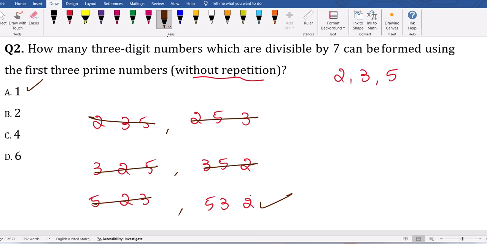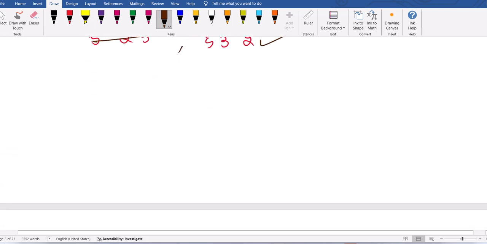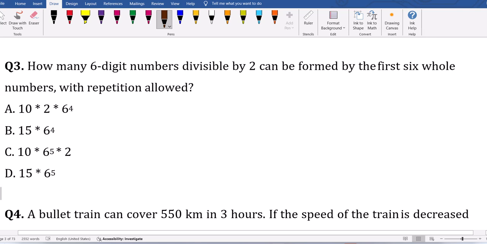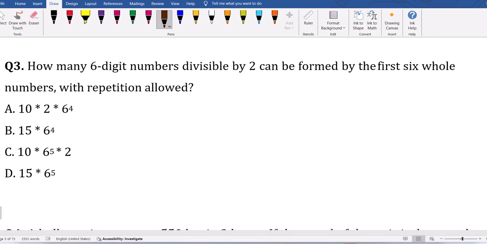So only one number is divisible by 7 if the numbers are formed with the first 3 prime numbers without repetition. I gave the list of what can be formed, then we checked divisibility by 7. So again, permutations and combinations. The previous one also was permutation and combination.